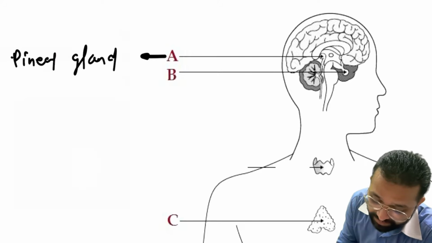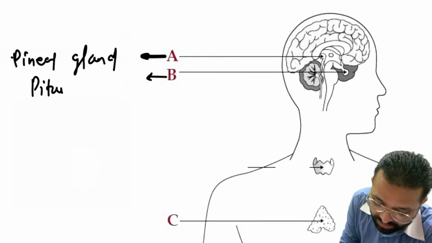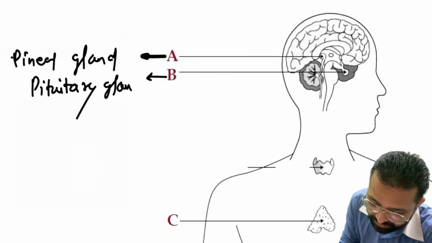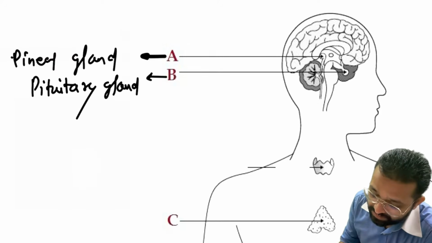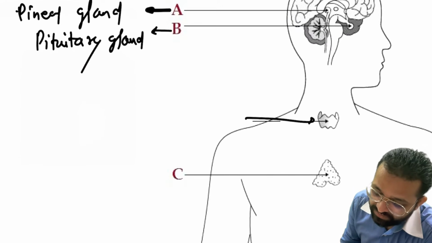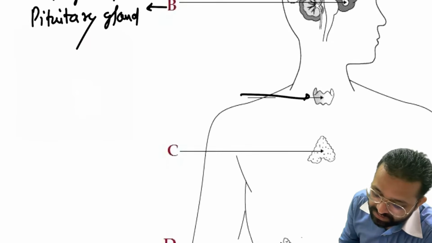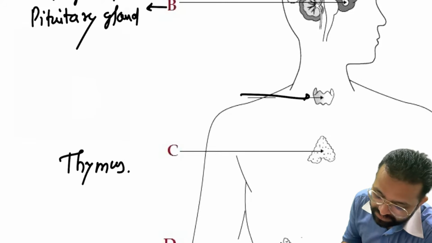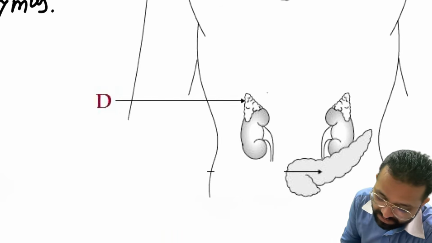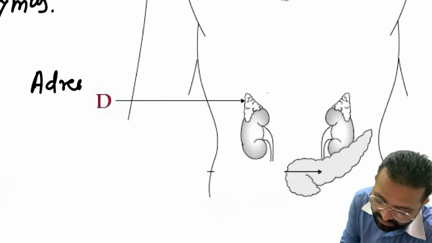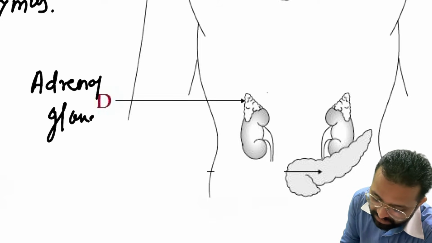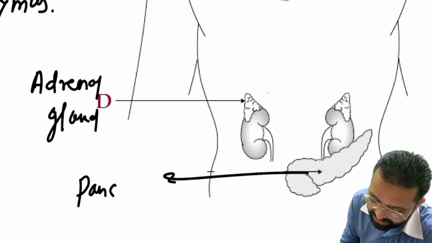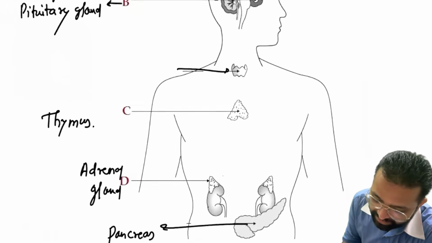Sir, this B is indicating the pituitary gland. Sir, this is about our thyroid cartilage. Okay, fine. So there will be our thyroid gland location. Sir, this C is indicating our thymus. Sir, this D is indicating the adrenal gland, and this is definitely our pancreas.